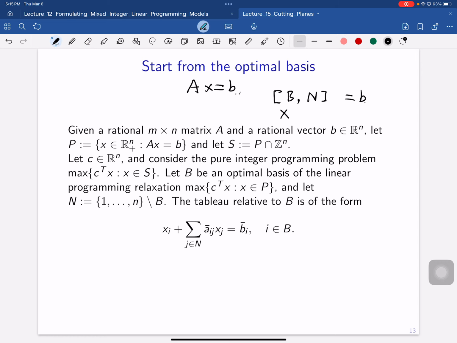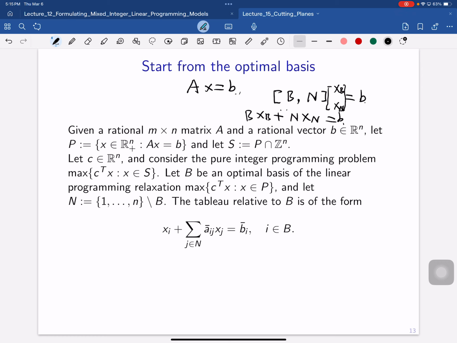So B multiplied by the basic variables xB, and xN represents the non-basic variables. You could also write it as the basis matrix times xB plus the non-basic matrix times xN equals b.